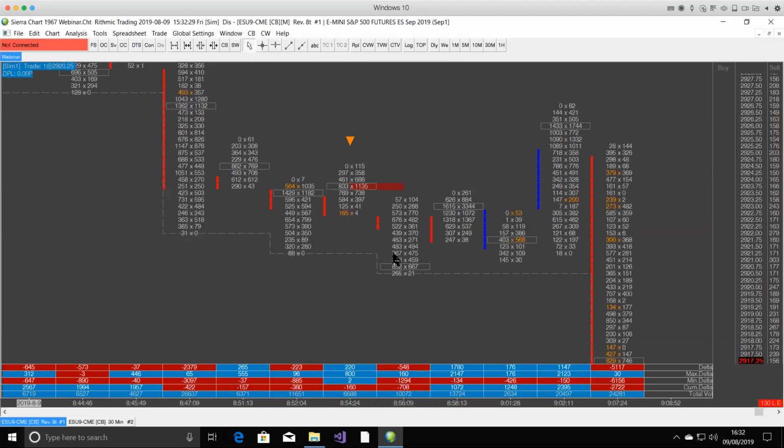To the human eye, it would be pretty hard to assess this as a level. But for whatever reason, 23 3/4 was an interesting place for somebody to be passively selling, absorbing all the aggressive buying. And we can see through these rotations here, it held true until it broke. But look again, when it did break on the way down, it broke with aggression. So this was a level that was in play.